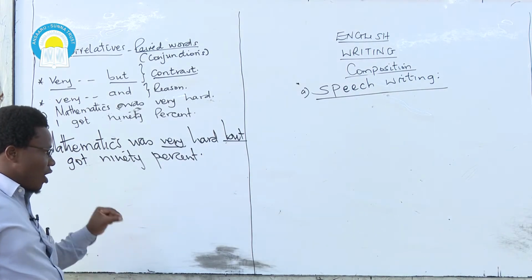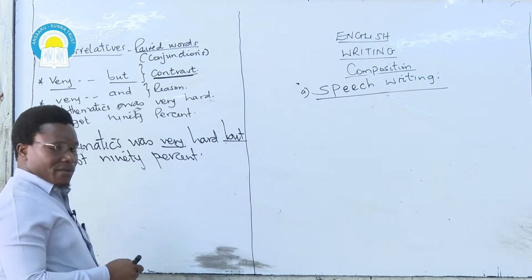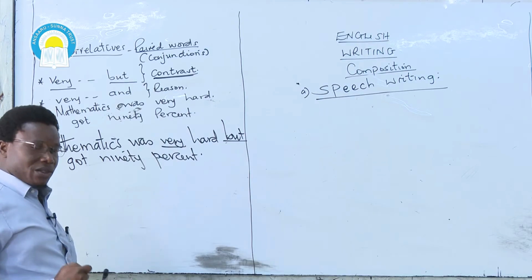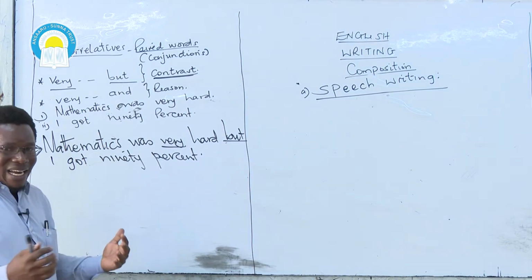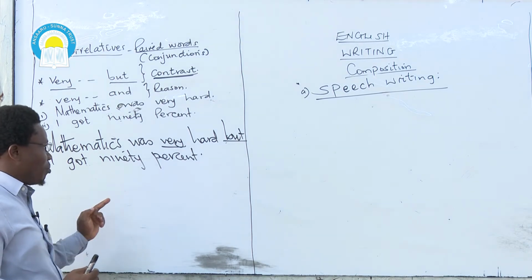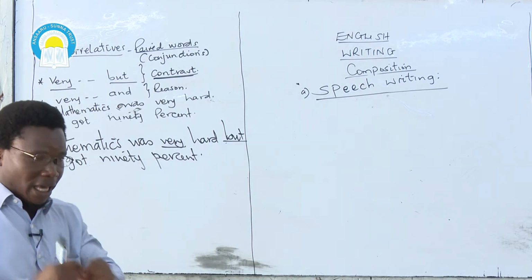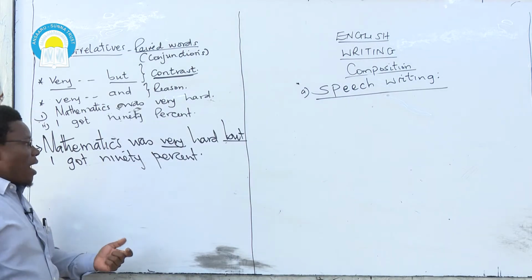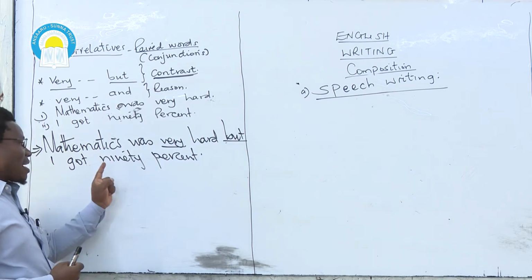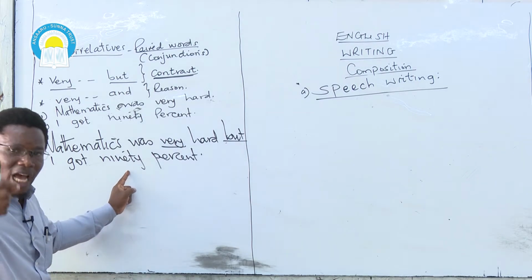That 'very but', when used in a sentence, is used to express contrast. Contrast to mean going against the expectations. In our two sentences, just to lay emphasis, the expectations are this candidate or this pupil or this class was expected not to do well in this mathematics paper. But when the paper was marked, it has emerged that the candidate did well. So going against the expectations.